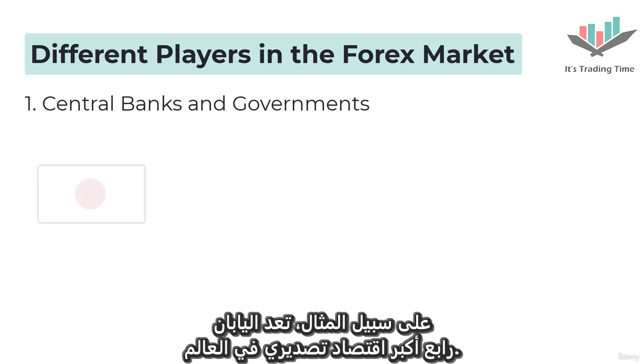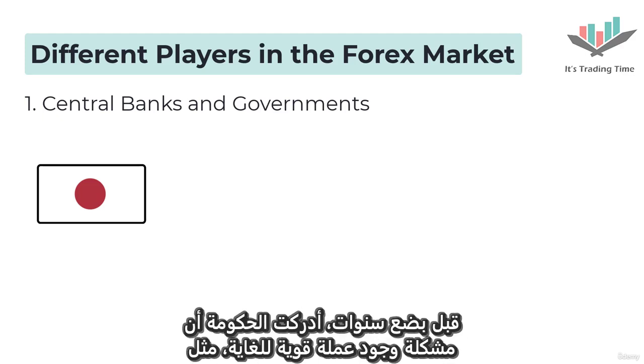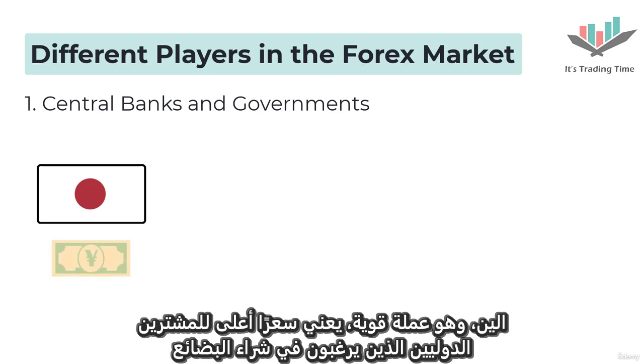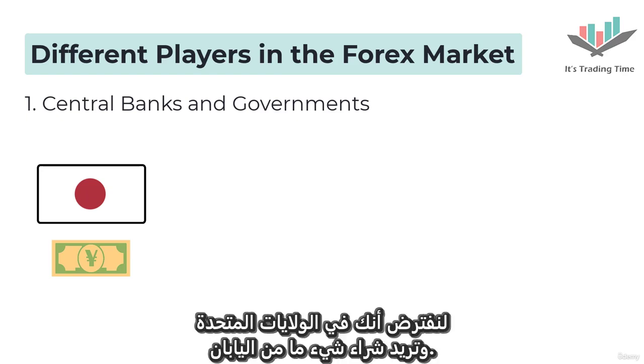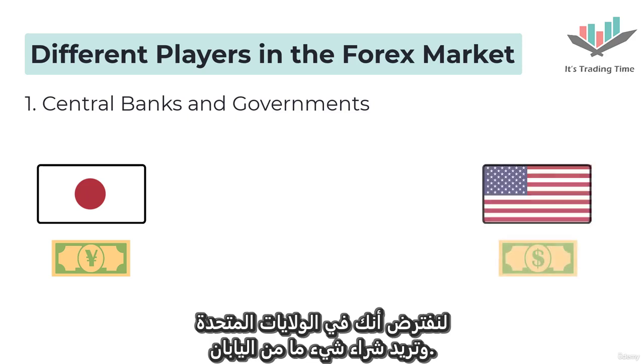For example, Japan is the fourth largest export economy in the world. A few years ago, the government realized the problem of having a very strong currency such as the yen. A strong currency means a higher price for the international buyers who want to buy goods from Japan. Let's say that you are in the United States and you want to buy something from Japan.